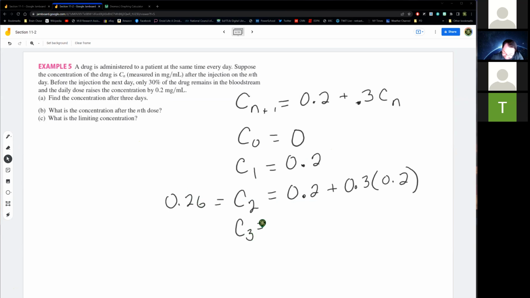On day 3, we're injecting a new set there, and then I have 0.3 of this part here, plus 0.2.